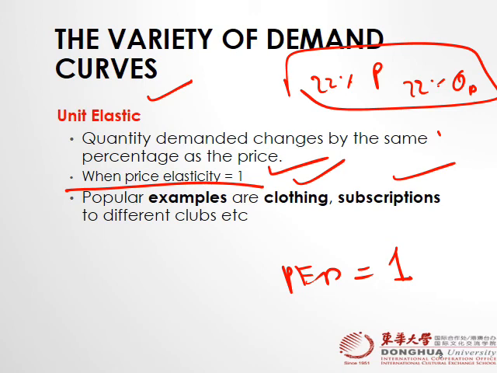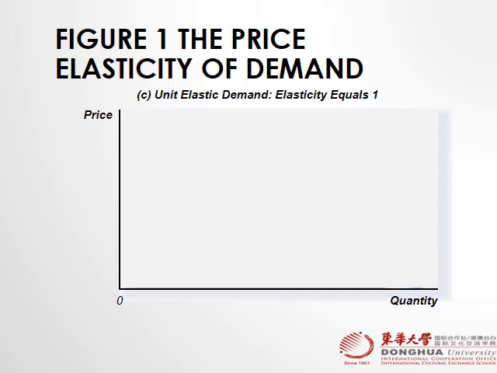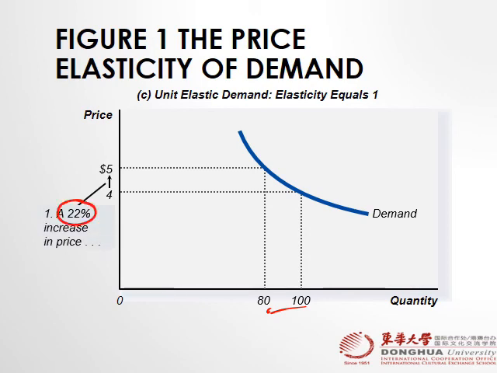Examples: clothing subscription to different clothes. An example of unit elastic demand is that we have a curve where price increases from 4 to 5 and quantity decreases from 100 to 80. So exactly a 22% increase in price causes a 22% decrease in quantity.